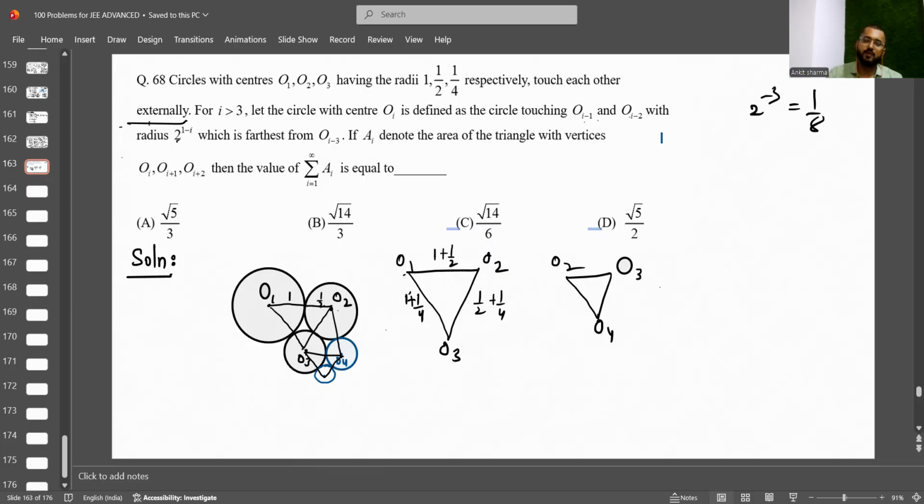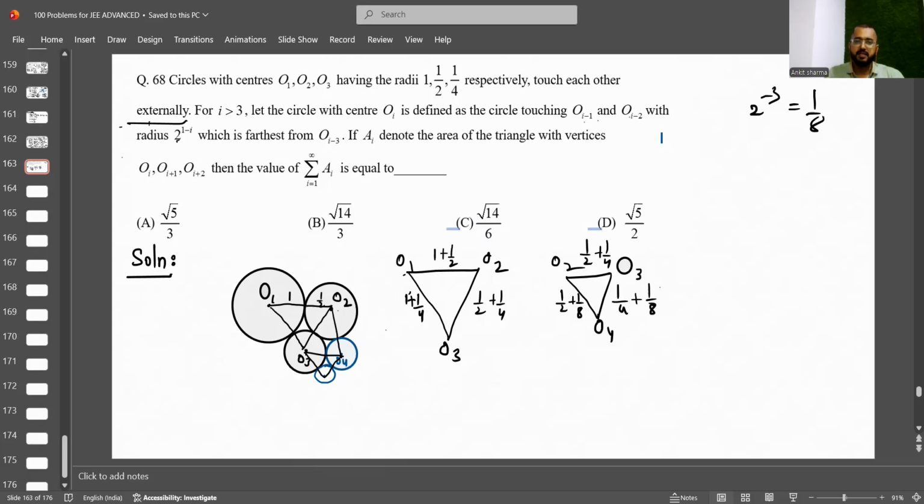Now we'll go for O2O4. So O2O4 will become half plus 1 by 8. Now if you see O3O4, this is 1 by 4 and this is 1 by 8, so 1 by 4 plus 1 by 8. And O2O3 we have written as half plus 1 by 4.